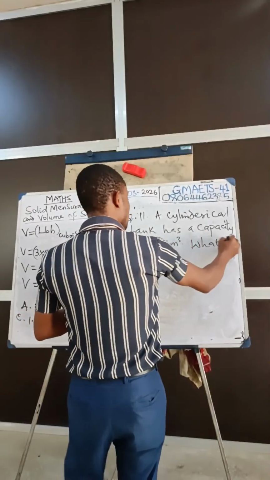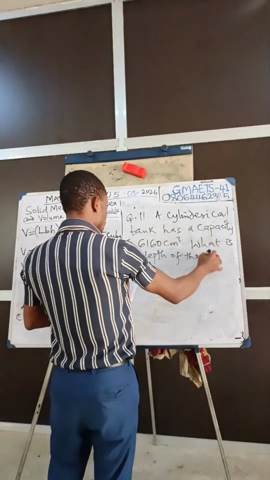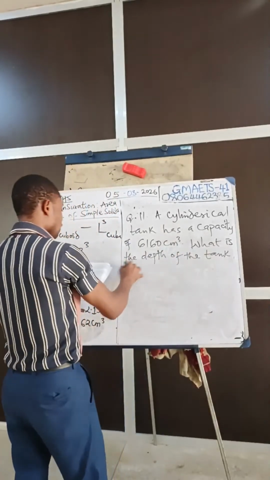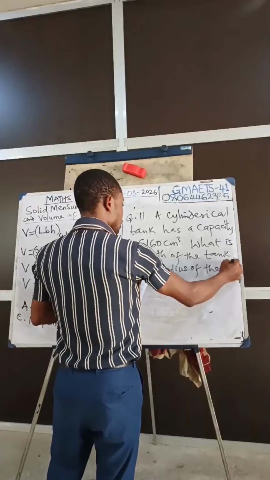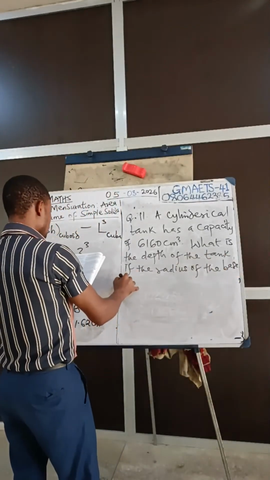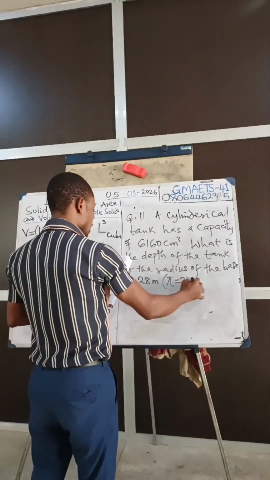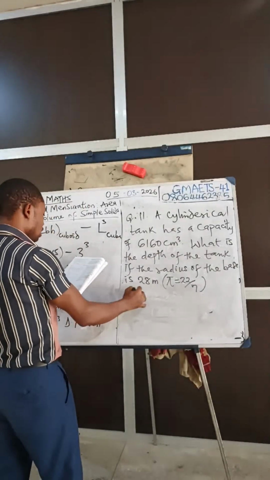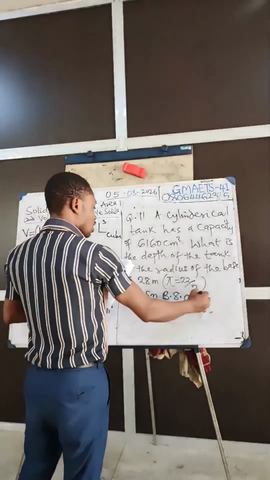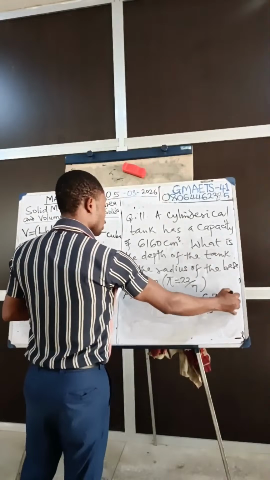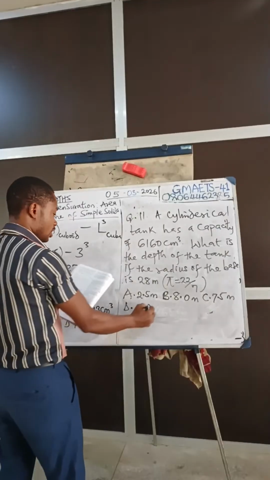What is the depth of the tank if the radius of the base is 28 meter? Take pi equal to 22/7. The options are: A, 2.5 meter; B, 8.0 meter; C, 7.5 meter; D, 5.0 meter. This is JAMB 2014.